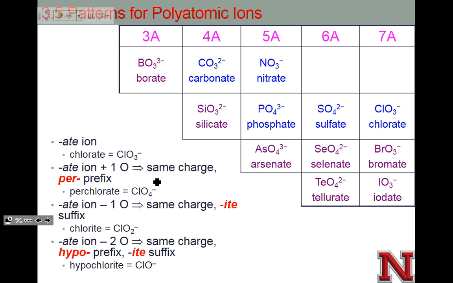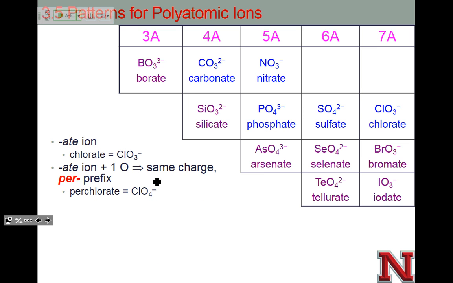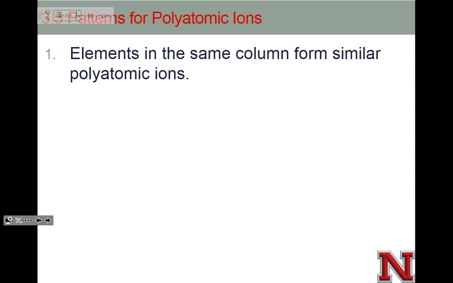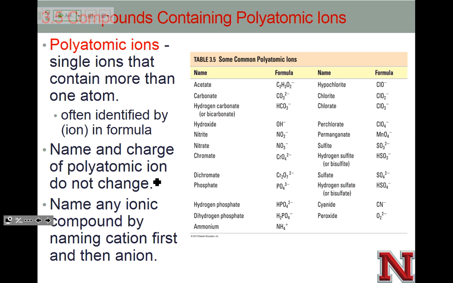And again, when there's an -ate ion with 2 oxygens, usually you'll see the hypo prefix and then the ite suffix. So hypochlorite. And if you compare that to our table, you'll see that, for example, phosphate, PO4 3-, if you add a hydrogen, it's hydrogen phosphate, and notice we had a +1.